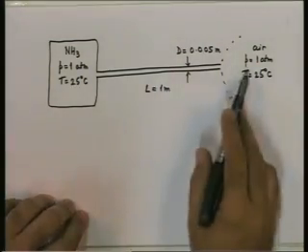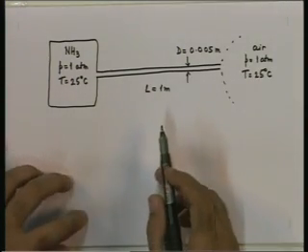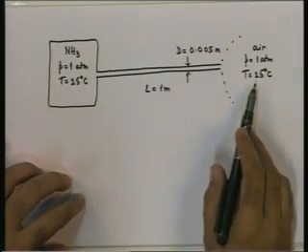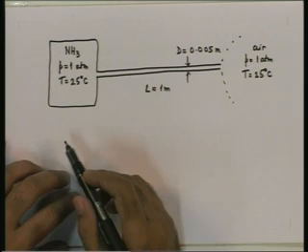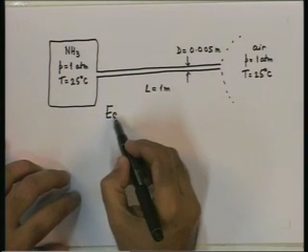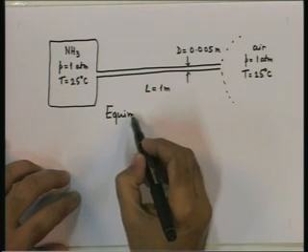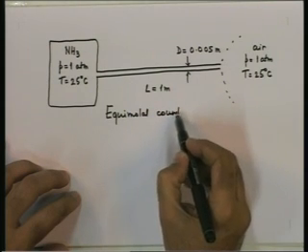Because the pressures are the same, the temperatures are the same, if we assume air as well as the ammonia vapor to behave like ideal gases, this is a case of equimolar counter diffusion.